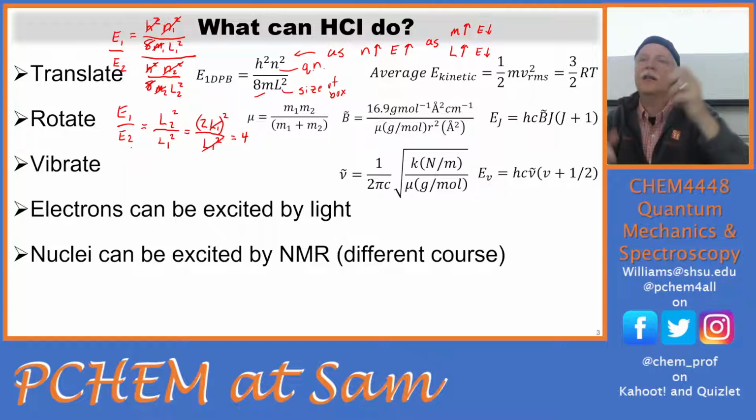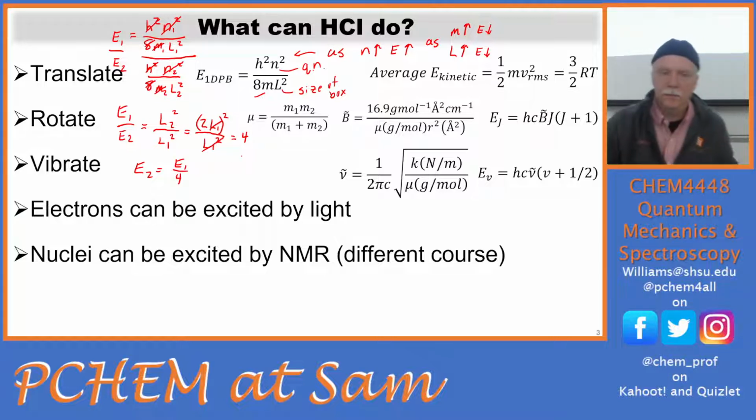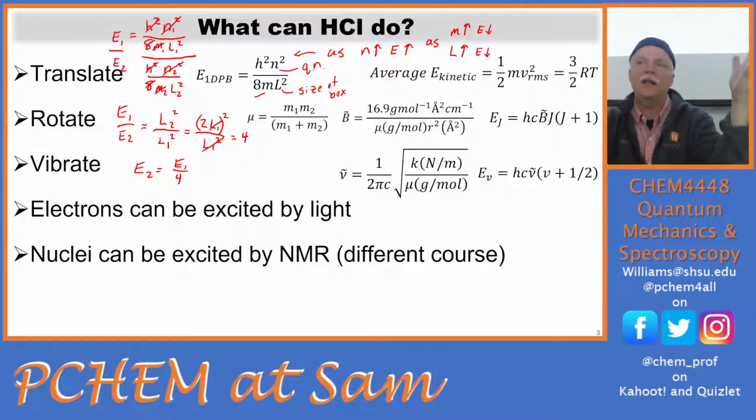So if I double the box, it shrinks by a fourth. I can swap that around, solve for E2 is equal to E1 over 4. So if I increase the box length, the energy should drop, and E2 is 1/4 of the energy of E1.